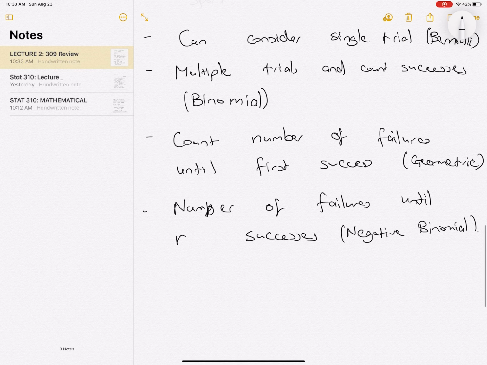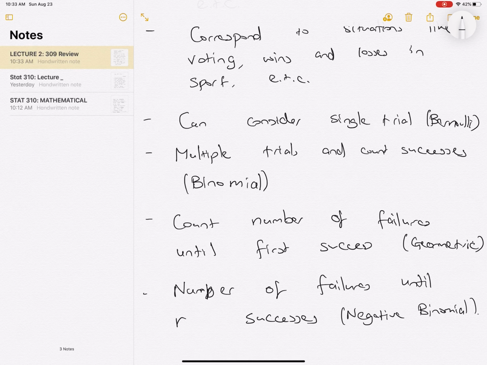Okay, so as I mentioned, there's a number of different scenarios you can look at. You could look at just a single trial and whether that trial is a success or a failure, and that corresponds to a Bernoulli random variable. You could look at multiple trials. So, for example, if you take a sample of like 100 people, or if you think about a season of 16 games, you can look at multiple trials and count the number of successes, and that's a binomial random variable.